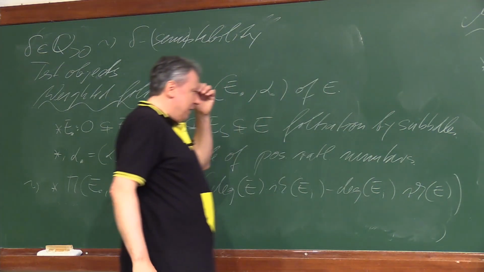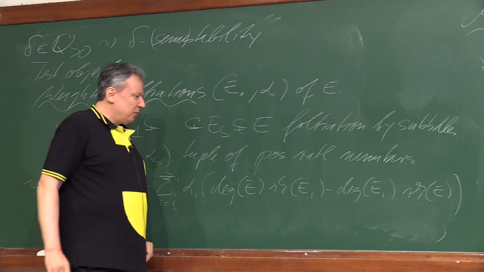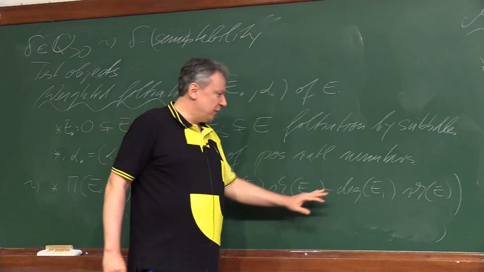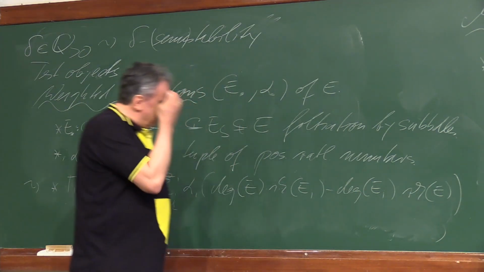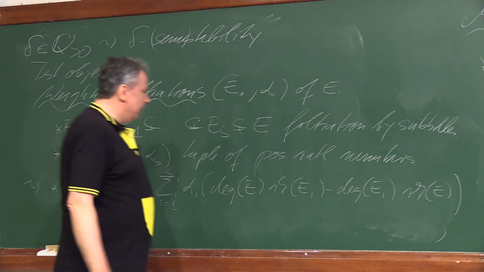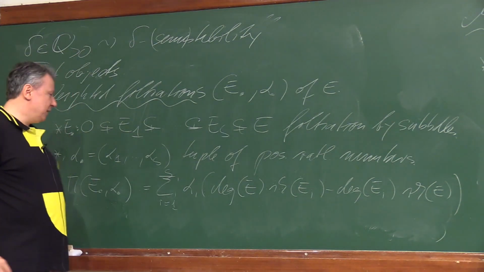If you have paid attention, you will recognize something like the difference of slopes, just multiplied by rank of E_i times rank of E. So this is related to the slope inequality.